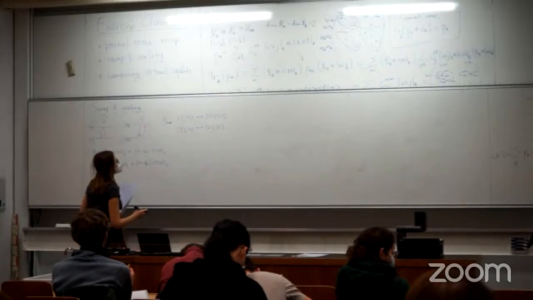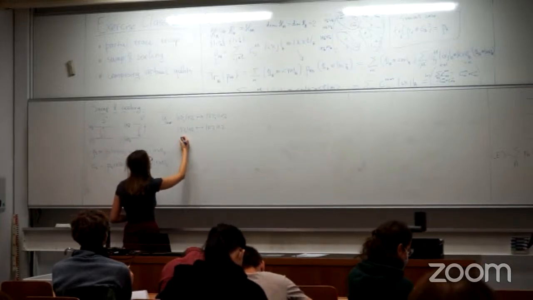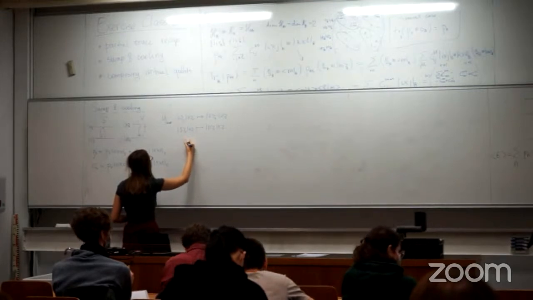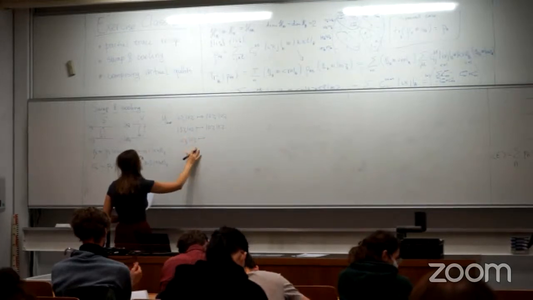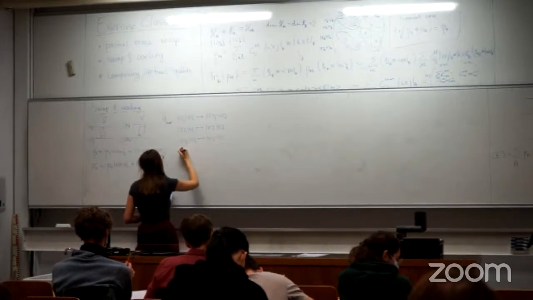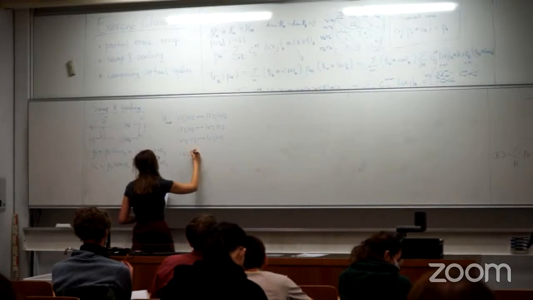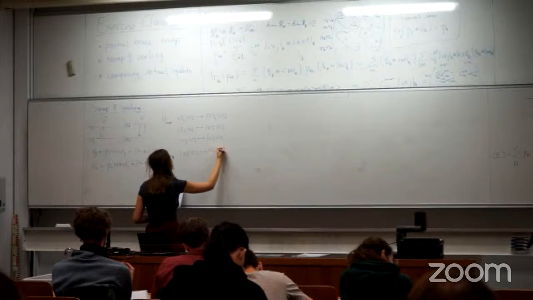Okay, and then for all other states, it doesn't do anything. So 0S, 0V maps to 0S, 0V, and 1S, 1V maps to 1S, 1V.